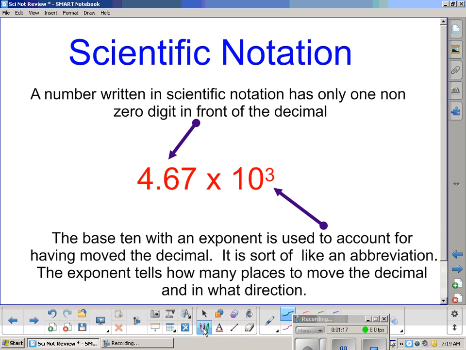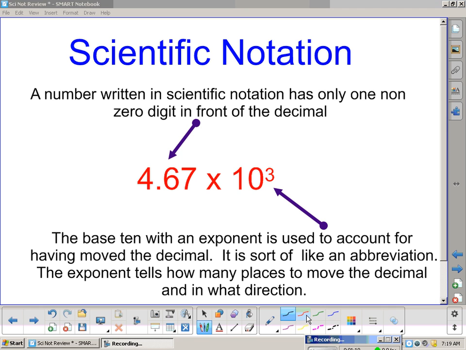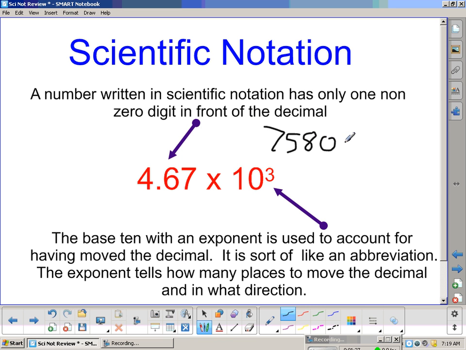For example, let's say we've got 758000, and we'll give it a bunch of zeros. Doesn't really matter at this point. You don't necessarily want to write all these zeros every single time. So your decimal, which would start here, is going to get moved 1, 2, 3, 4, 5, 6, 7 places, and you're going to put it right here.